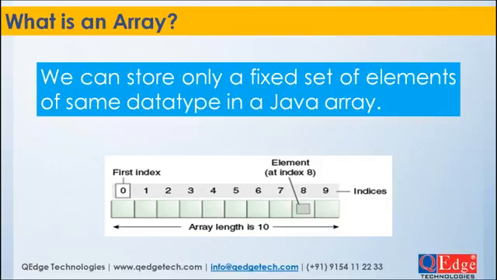So we can store only a fixed set of elements of the same data type in a Java array. This is the other point you have to remember. Array size is fixed, same kind of data you can store into the array. In the first position integer, in the second position string, in third position boolean, like this you cannot store. If I go for an object, then I can do that.